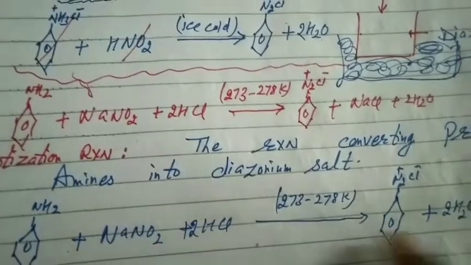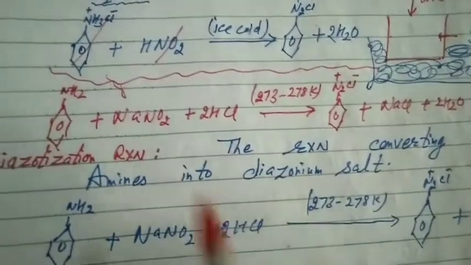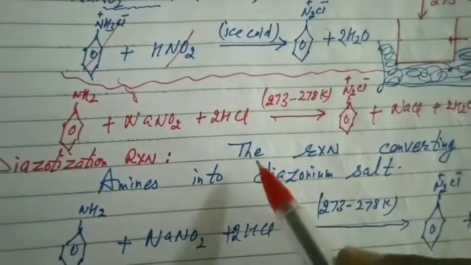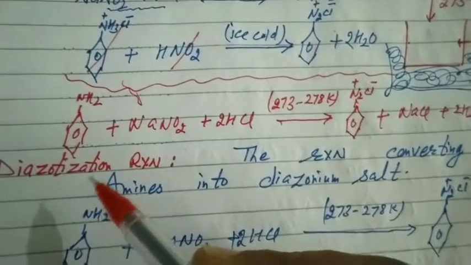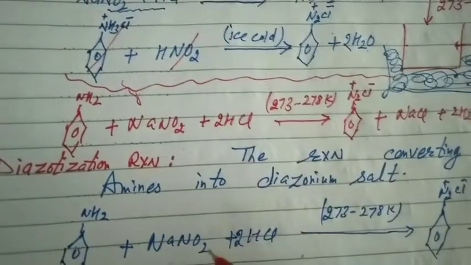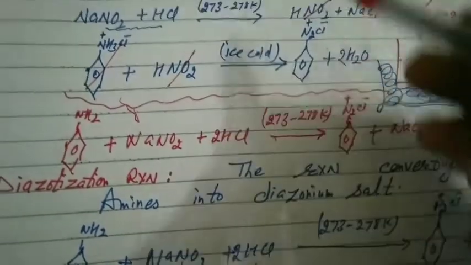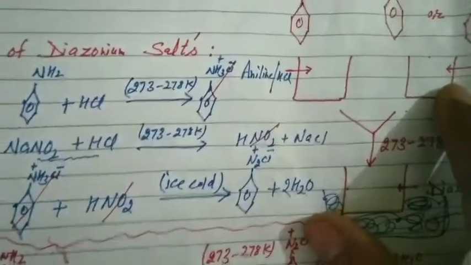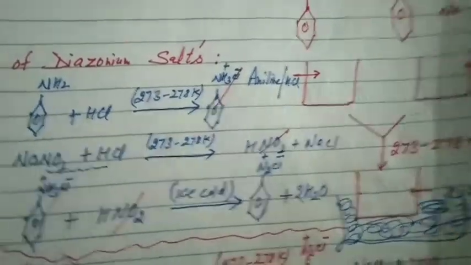There are two oxygen atoms, so two water molecules. Balance it, mention stoichiometry 2. Treating aniline with NaNO2 and HCl means reaction with nitrous acid HNO2. That's the mechanism, detailed study. Container 1, container 2, then we mix these under ice cold condition and get diazonium salt.